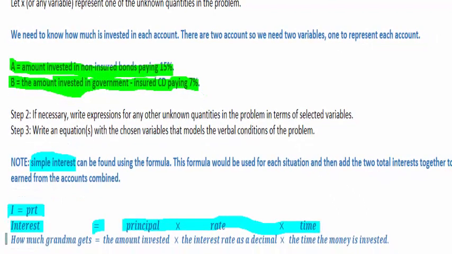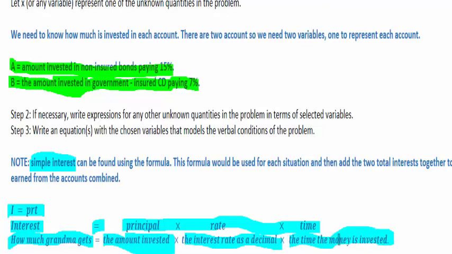In this case, interest is how much your grandmother is going to get. And that equals the principal, which is the amount she invested, times the rate, the interest rate as a decimal, times the time, which in this case is going to be 1 year. So T equals 1.